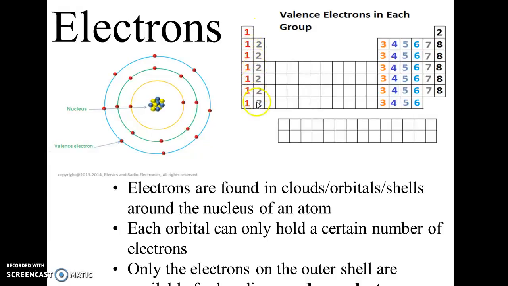The elements in this column only have 1 valence electron, 2 here. Noble gases have 8, except for helium. This is just kind of extraneous information. You don't need to know this right now. But when we talk about bonding, we're talking about these outer electrons.